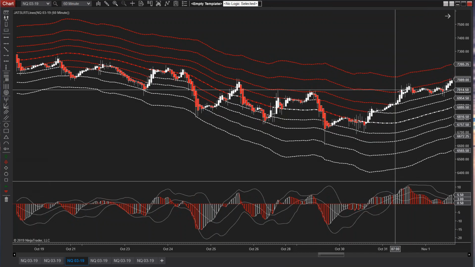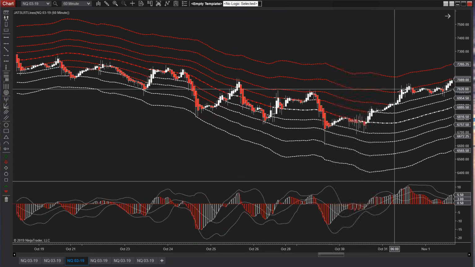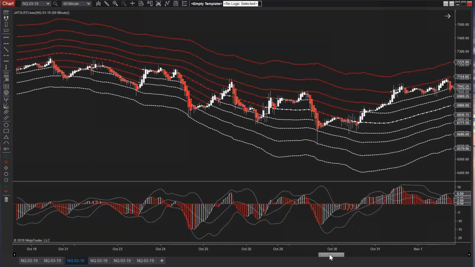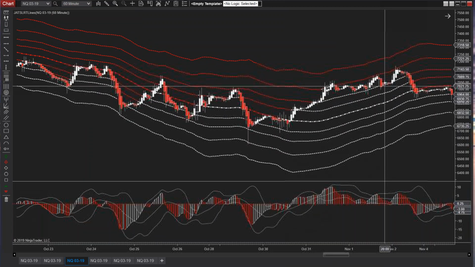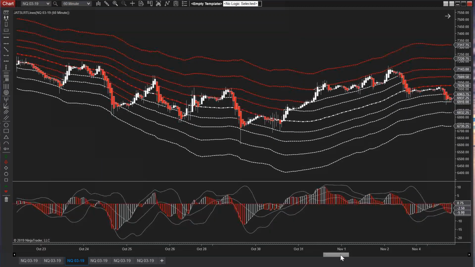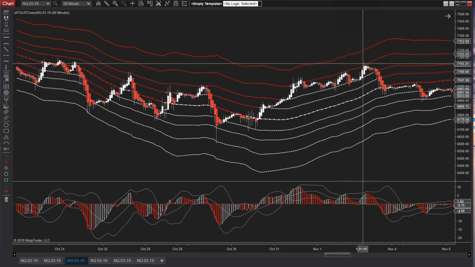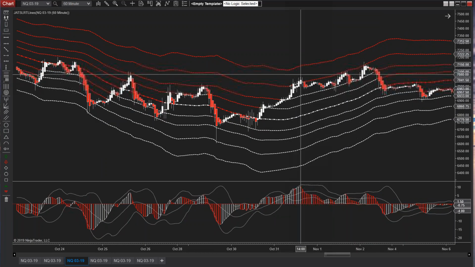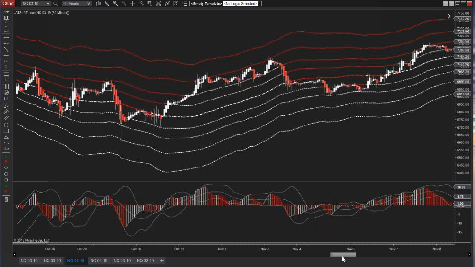So we broke up one level up, and that kind of made it difficult to get back in short here, but that's what they did eventually. So if you were looking at this on a lower time frame, you might have gotten a couple of knockouts between November 1st and 2nd, but then it went back again.